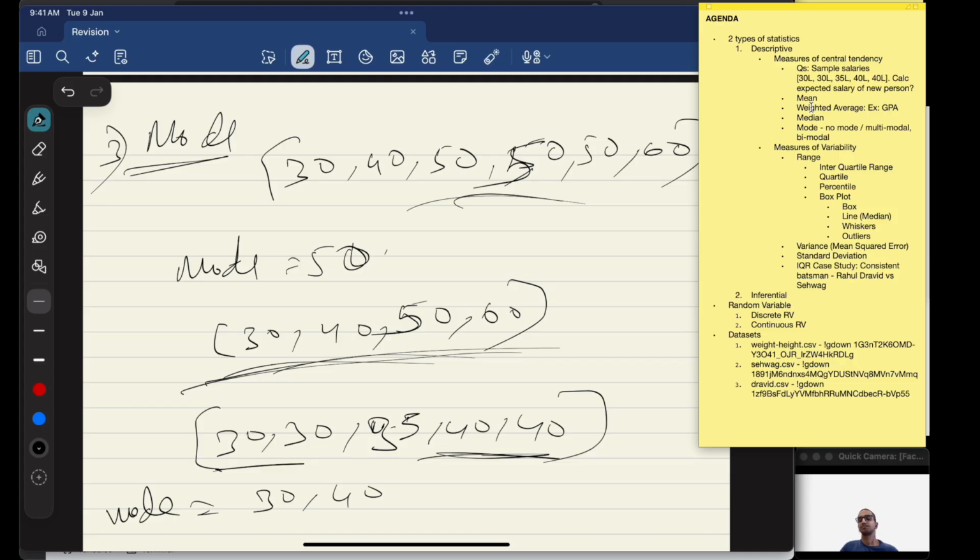So we use mode to find out something like, if you want to know the most popular product in your catalog, in your company.